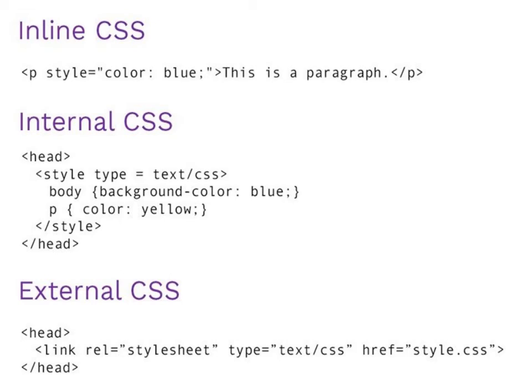Now if we talk about the internal CSS, then there is a change. That means the style definition should be allocated in between the head section only and in between the style tag. The type attribute, type is equal to text/css, is not that important, so you can run this program without applying the text/css.